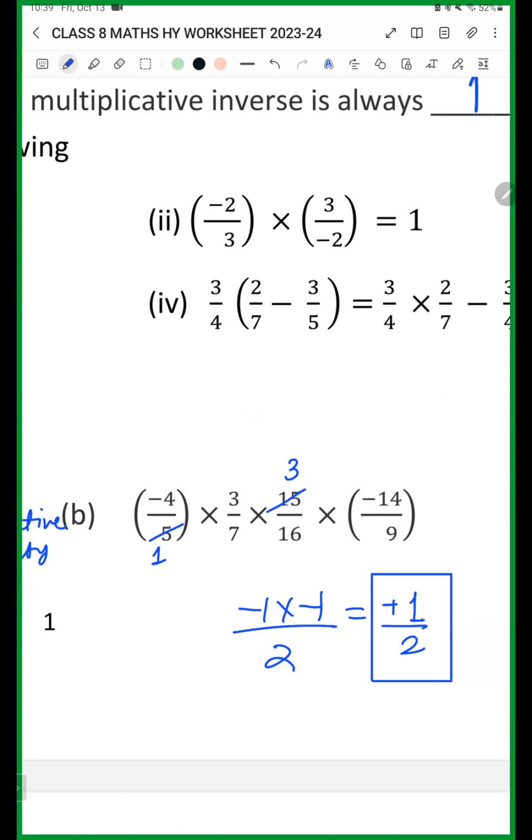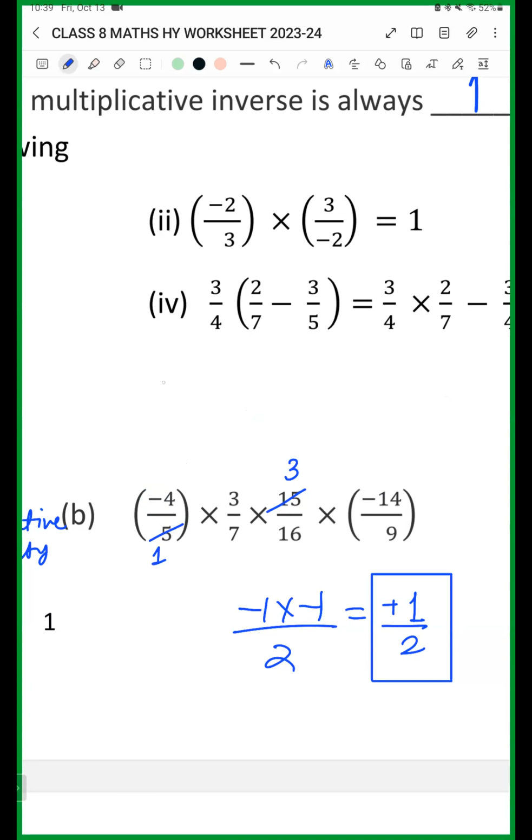It's okay. You can write the 1. You can skip it. So why did we write -1 for -4? Because there's a minus sign over here, na? So wouldn't +1 change the signs if we used it?